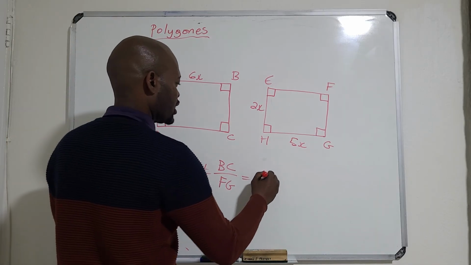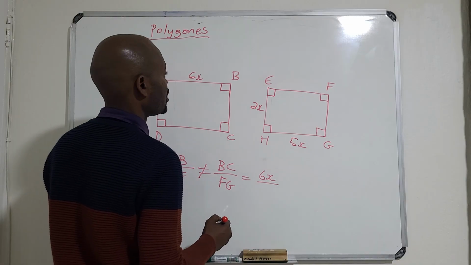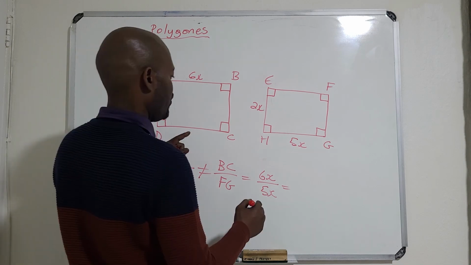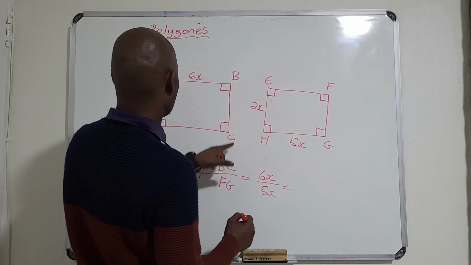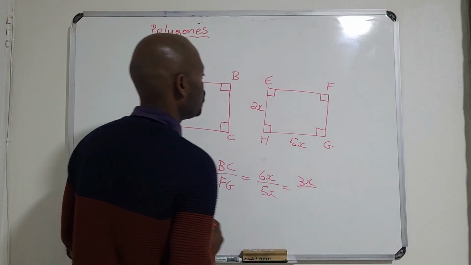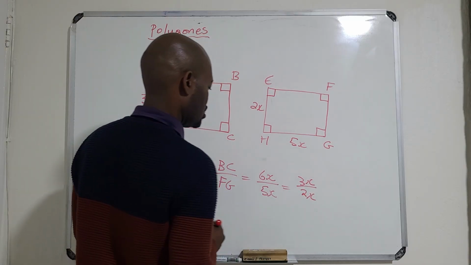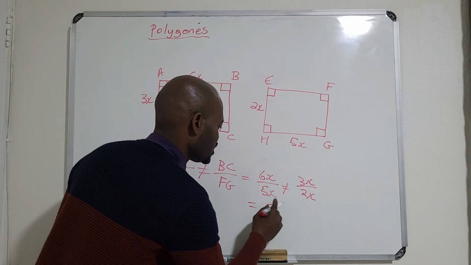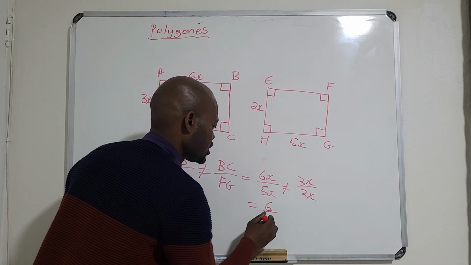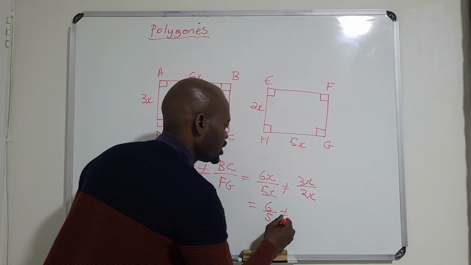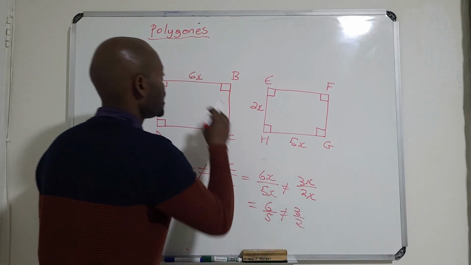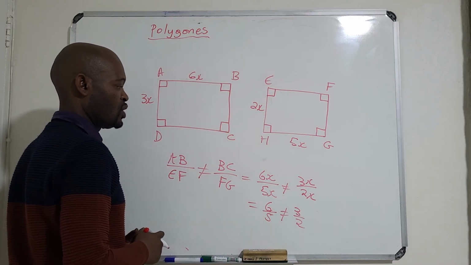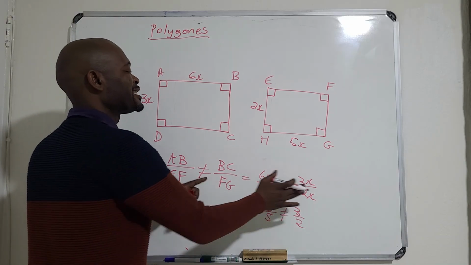AB is 6x over 5x, and BC is 3x over 2x. You can see that 6 over 5 is not equal to 3 over 2. Sides are not in the same proportion, not in the same ratio.